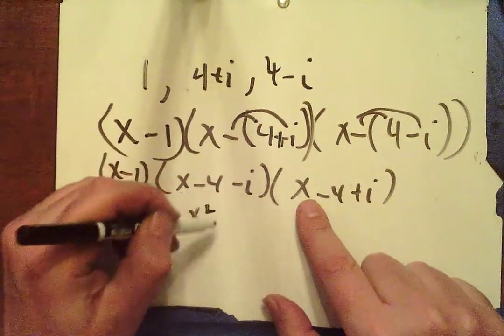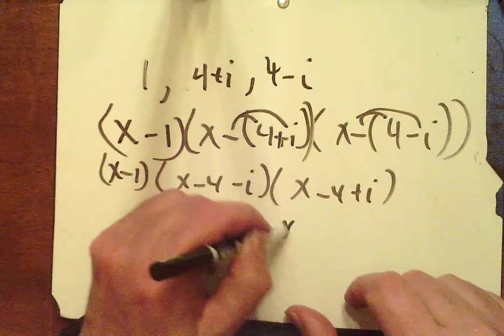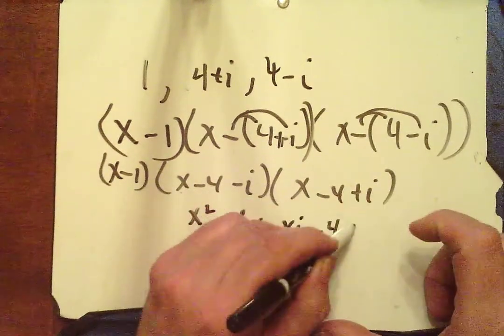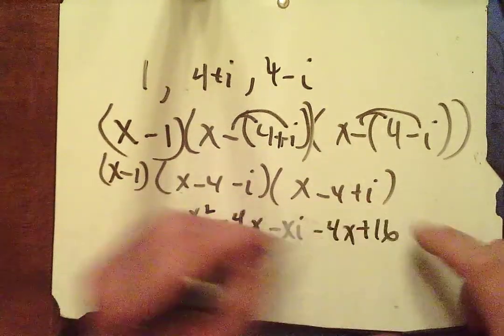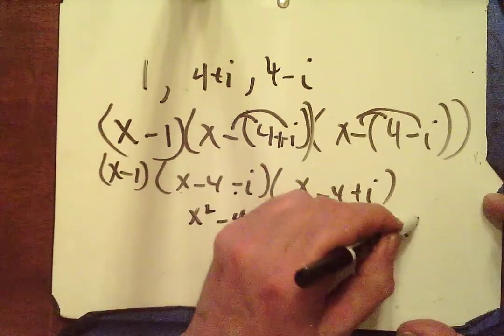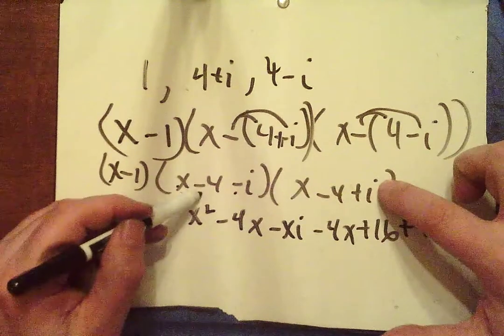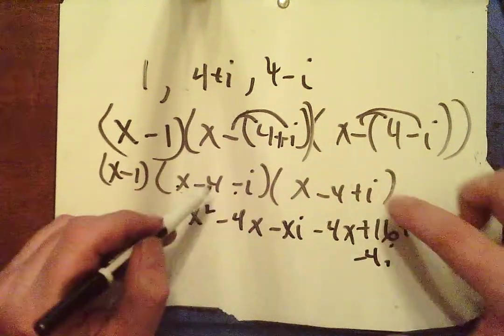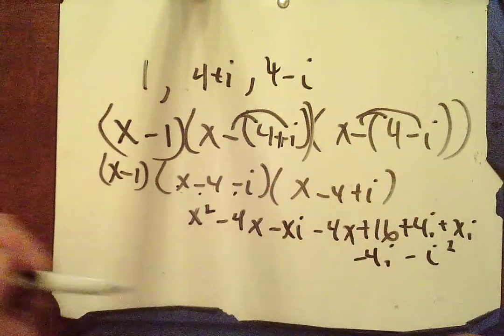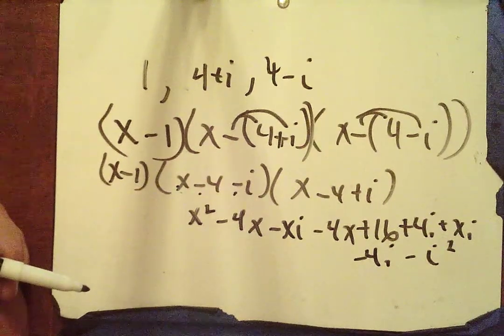So I'm going to have x squared minus 4x minus xi minus 4x plus 16 plus 4i plus xi minus 4i minus i squared. So can we combine anything?